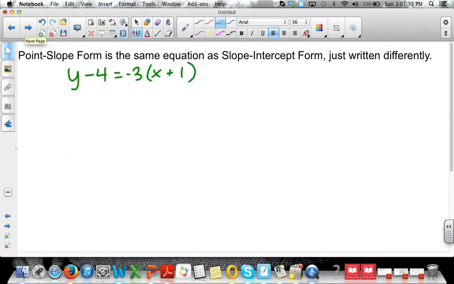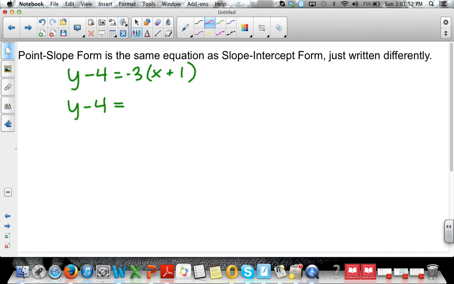Okay, so that was our equation. Now I'm just going to rewrite it, and we'll get something that is in slope-intercept form. So this left-hand side, I'll just leave it alone for now. But remember, when you have parentheses like on the right here, you can distribute through.